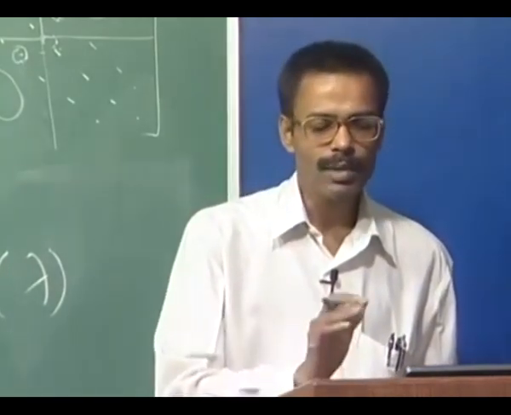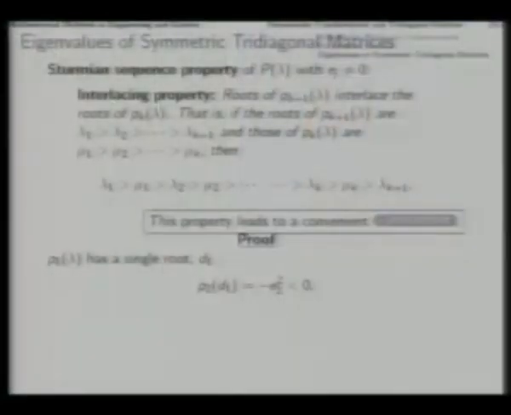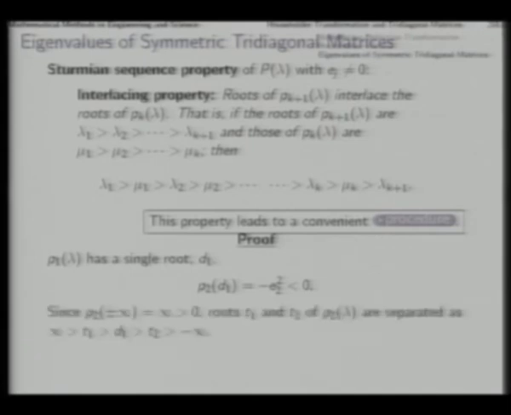So, the line of the proof is as follows. First, we consider the case of k equal to 1, that is the statement true for k equal to 1, and that is trivially true, because there is only one root and nothing is there to interlace. In the case of 2, then you verify this.